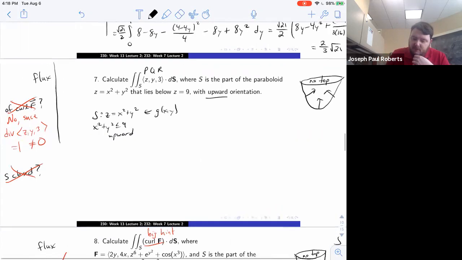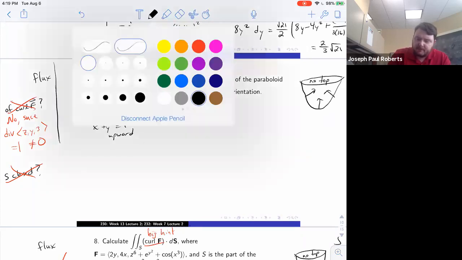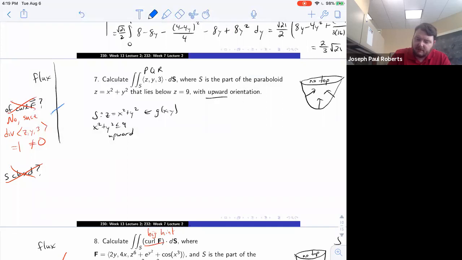For the first one, I'm not doing the flux of curl F, I'm not dealing with the closed surface, so I'm just going to do it directly like in 16.7. Because neither of these worked, I'm going to do 16.7 direct.